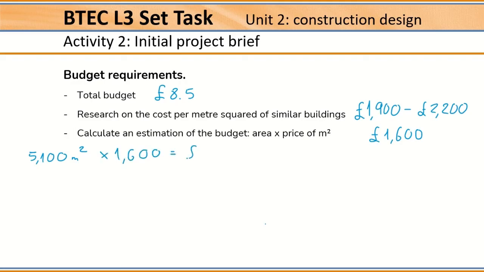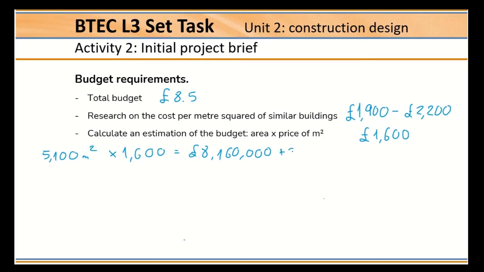And this is 8,160,000. If I add the 20% of the other costs, the total is 9.8 million pounds, which is bigger than the total budget that we have.